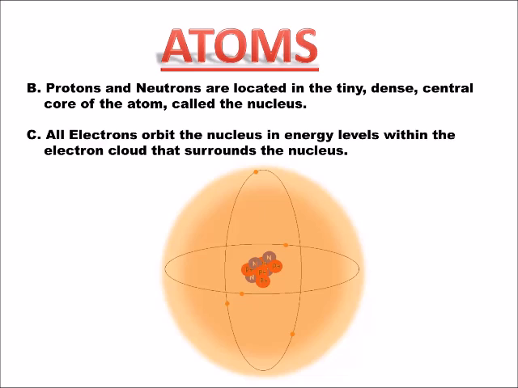It has a very tiny, dense nucleus containing protons, each with a positive charge and a mass of 1, neutrons with no charge and a mass of 1. And orbiting that nucleus are the electrons that have almost no mass, but each electron carries a negative charge of 1. They move so fast, they form a cloud around that nucleus.